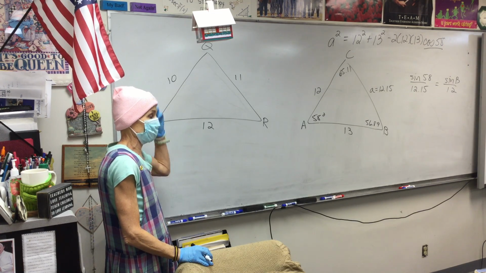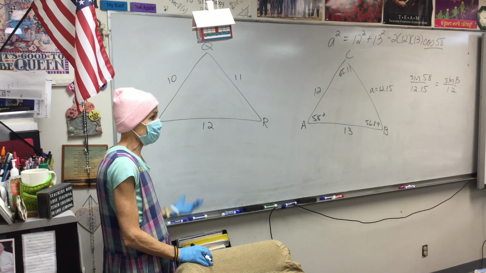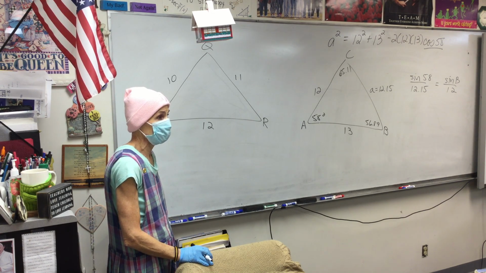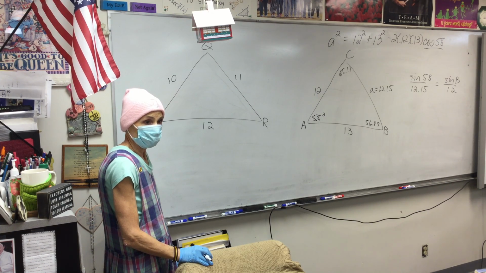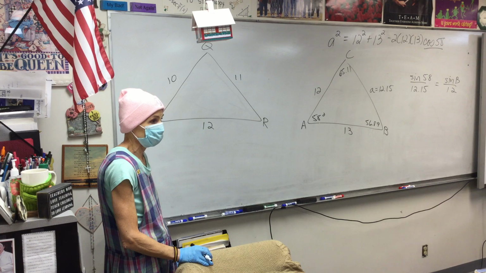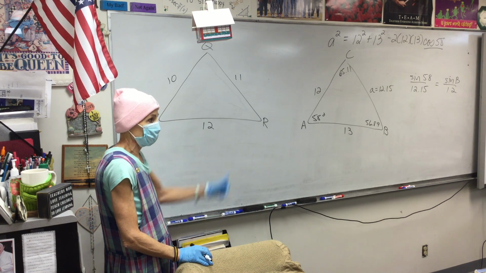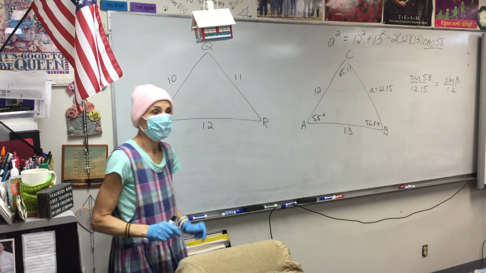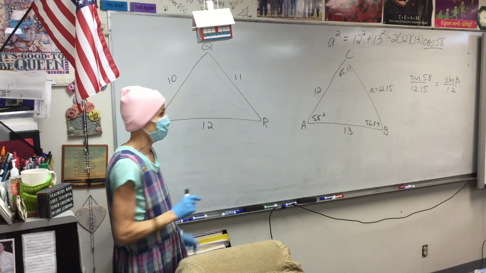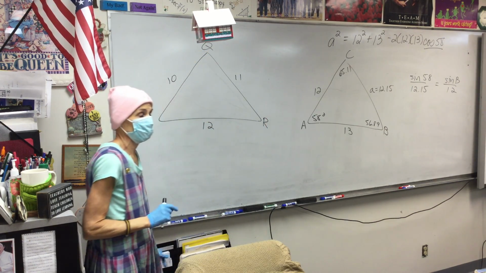Your job is to solve it, which I guess in this case means find all of the angles. Alright, what's your thought? Law of sines or law of cosines? Which one? Cosines. Gotta be cosines. Because why? We do not have a pair of information.